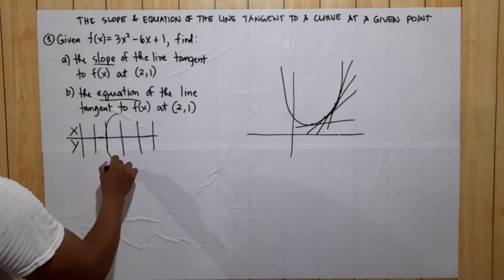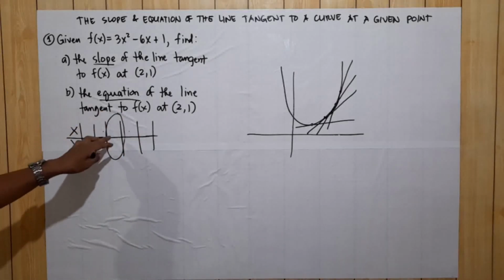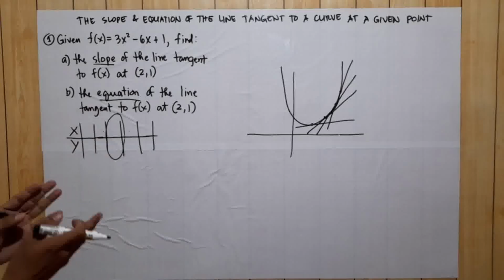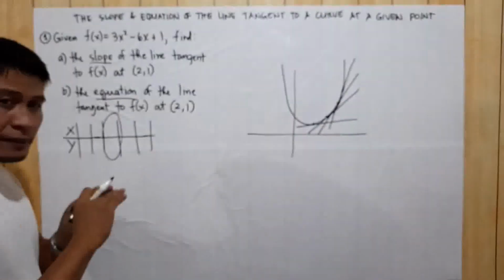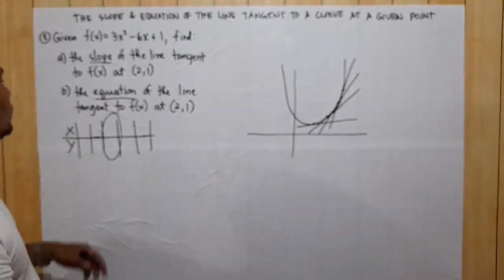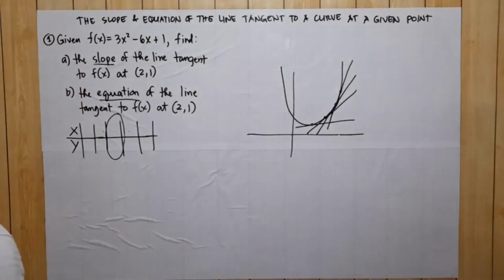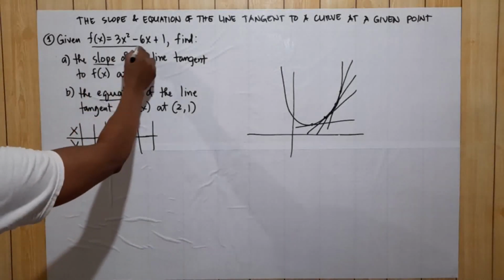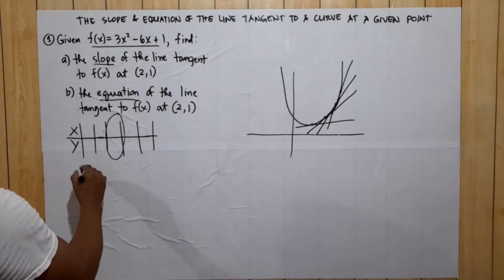Una po natin isosolve yung minimum na point. Ito po yung point wherein yung slope tangent to that point is 0. Given na 0 po yan, yung derivative po ng ating f of x ay dapat 0 at that point. Kunin po natin yung first derivative ng ating function para magawa po natin yung minimum point.